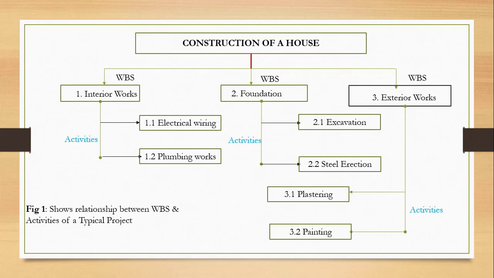The WBS is on top, and it has branches, or under each WBS we have particular activities which will be performed under that WBS. So all these are the activities.